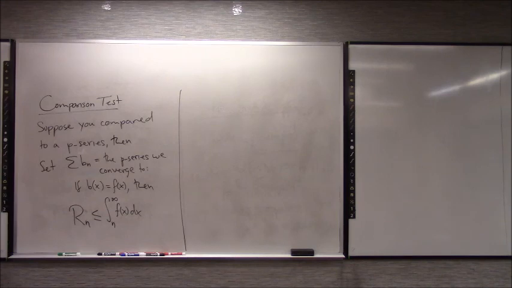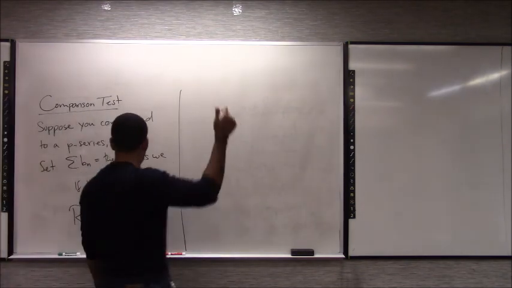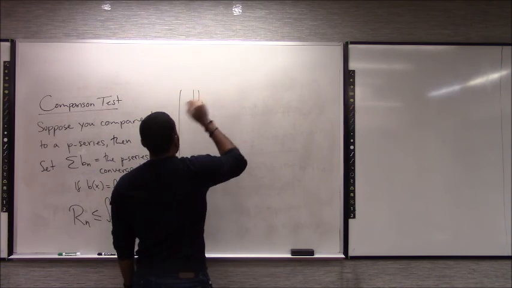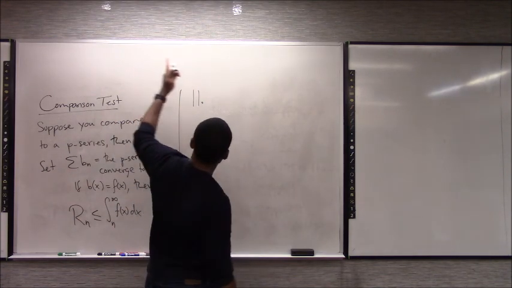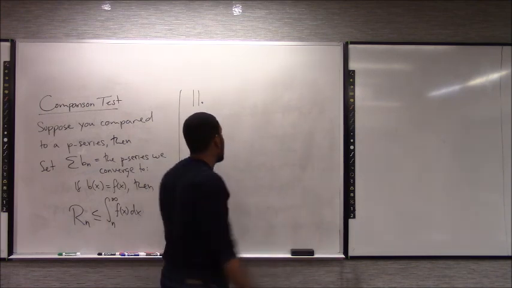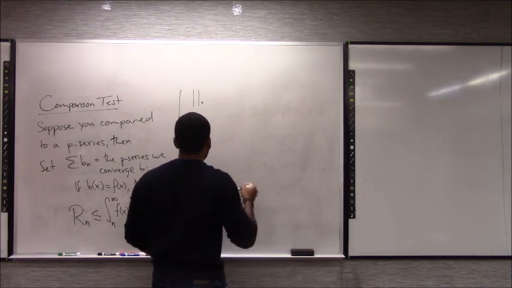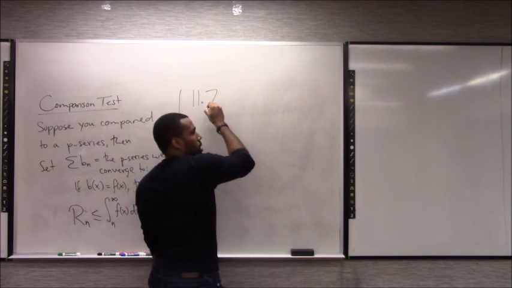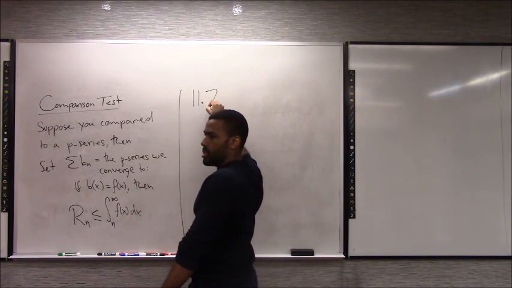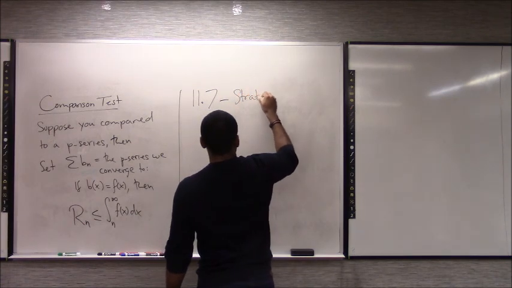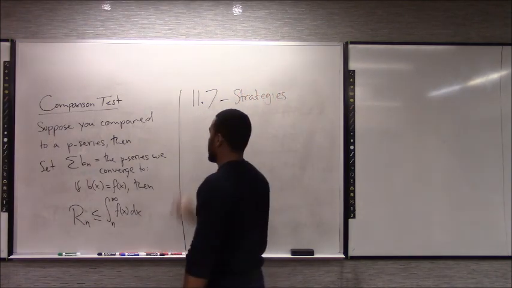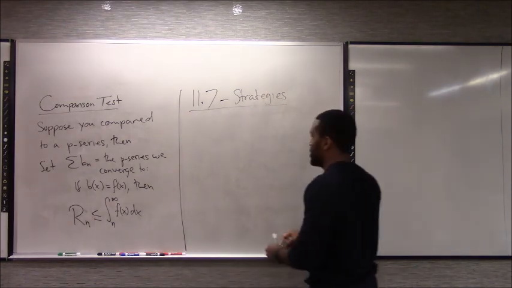What I really want to talk about today is 11.8. So we went through 11.3 to 11.6. 11.7, oh, maybe I should talk about 11.7. Did I tell you the strategies for doing the series? Okay. 11.7 is about strategy, so it's a general kind of section.